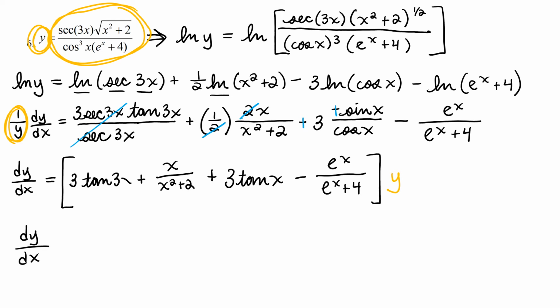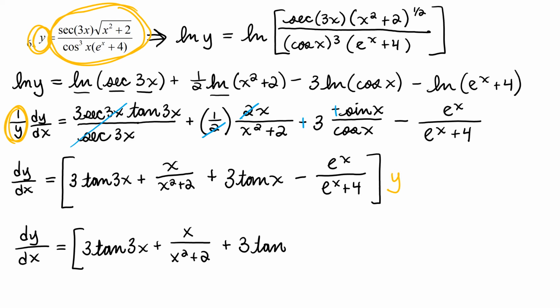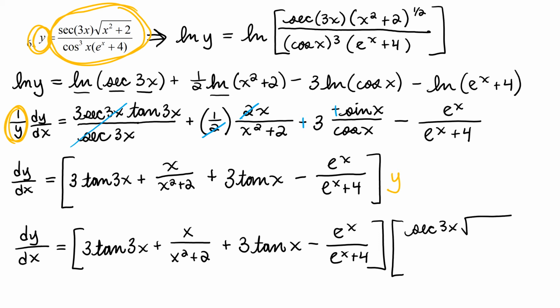So we have dy dx is equal to this same 3 tangent of 3x plus x over x squared plus 2 plus 3 tangent x minus e to the x over e to the x plus 4 times y, and y is this: secant 3x square root of x squared plus 2 all over cosine of x cubed times e to the x plus 4.